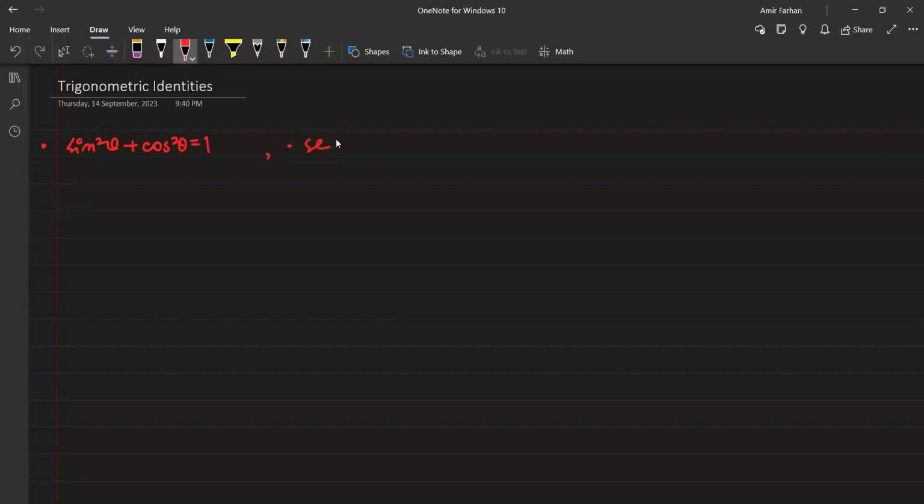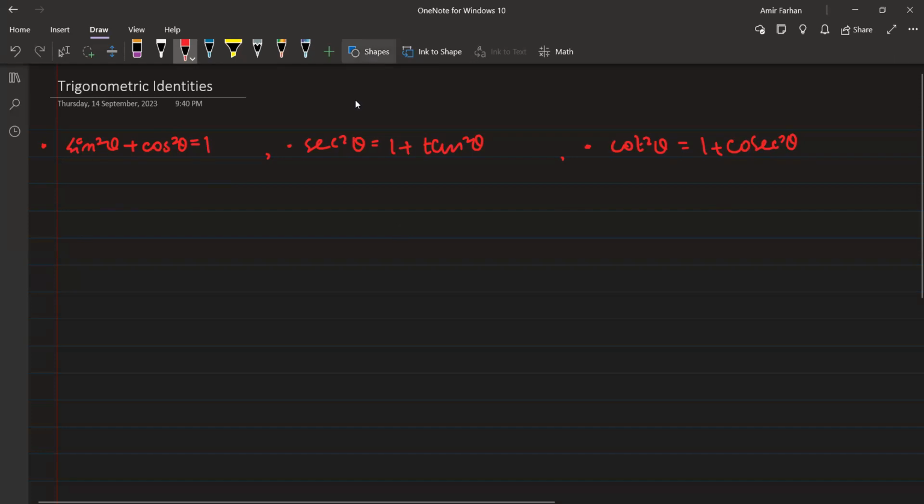Next is sec square theta equals 1 plus tan square theta. Next is cot square theta equals 1 plus cosec square theta. So Adil, these three identities are used in the whole trigonometry chapter in 10th standard.